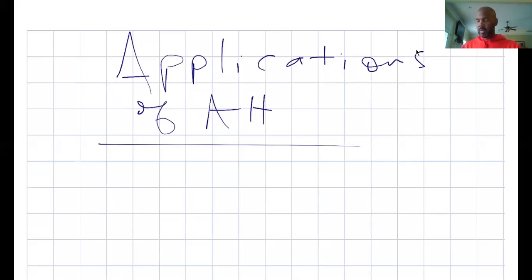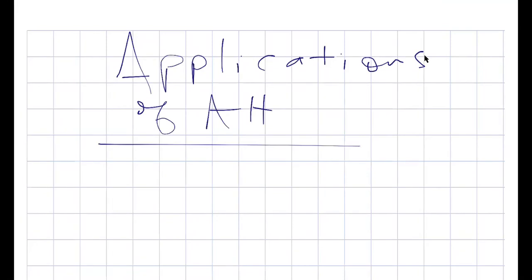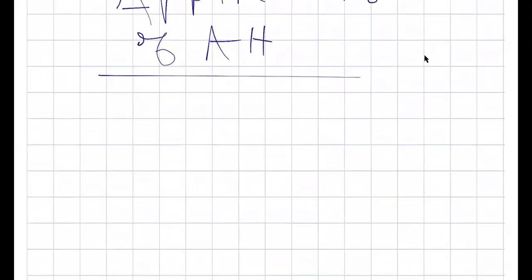All right. So we talked about how to make them, right? We talked about being able to make them using allylic bromination, from adding HX to an alkene, and from converting alcohols into alcoholides. So now let's talk about some uses of alcoholides.